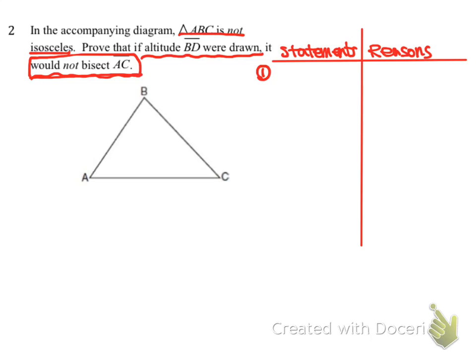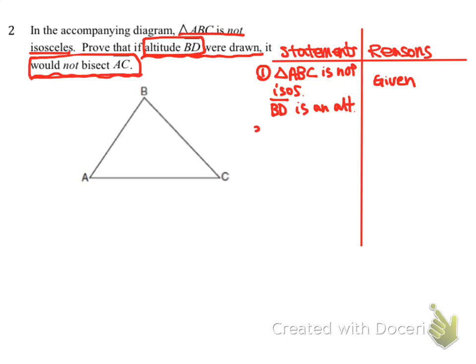The first one would have been given, which is triangle ABC is not isosceles. Another thing is this: altitude BD is also given. It is an altitude, and the reasoning is given, as we all know.